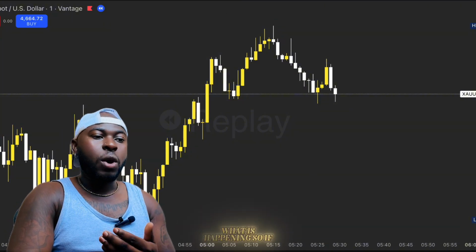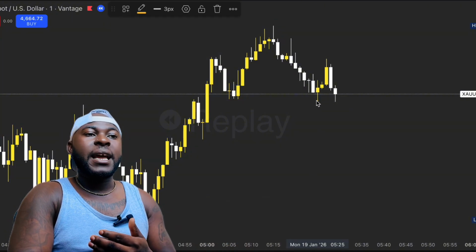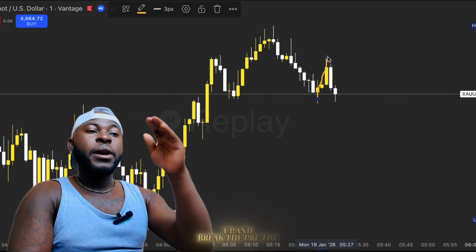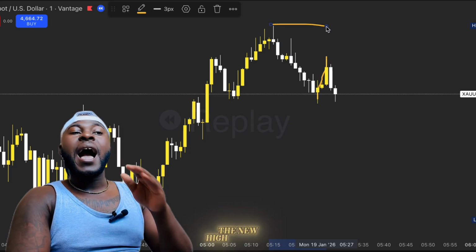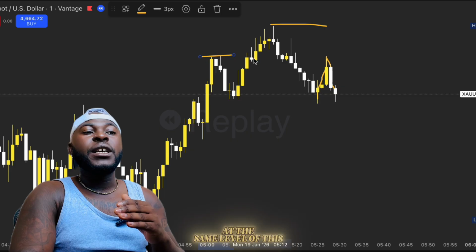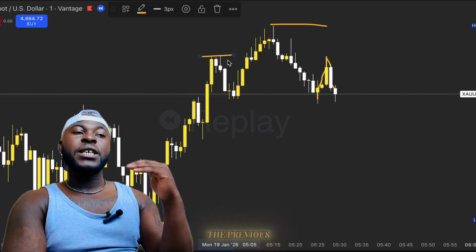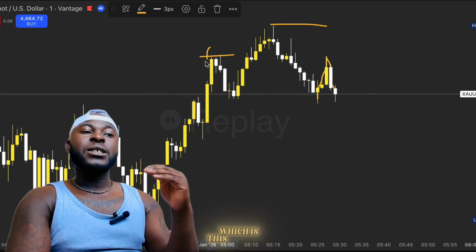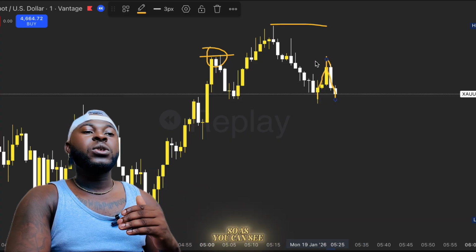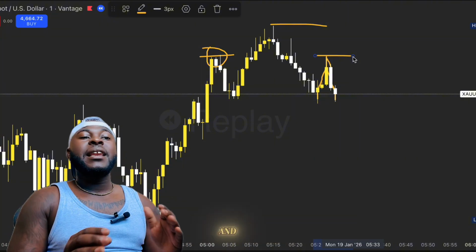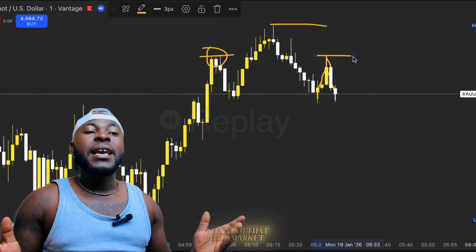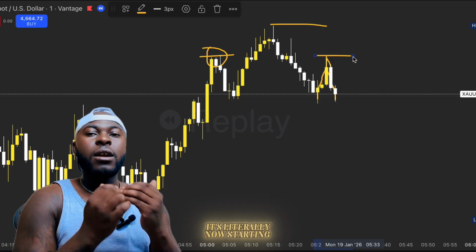If the market goes up from the neckline and goes up again, but fails to break the new high and then reverses again at the same level as the previous swing high, which is this one here, the market calms down. As you can see, they're on the same level, and now you can see it's a complete head and shoulder, meaning the market is now starting to go down.